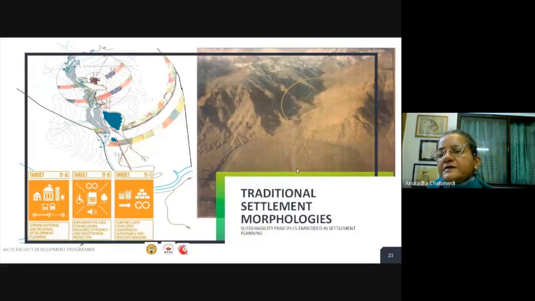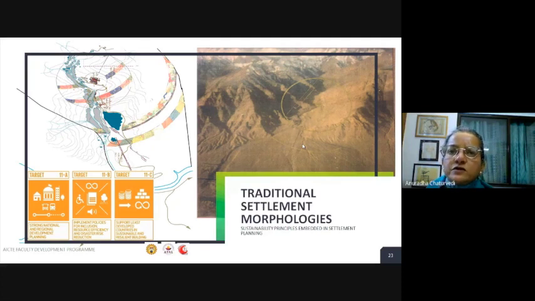As far as traditional settlement planning is concerned, our country has a lot of traditional settlement morphologies which have sustainability principles embedded in the settlement planning.